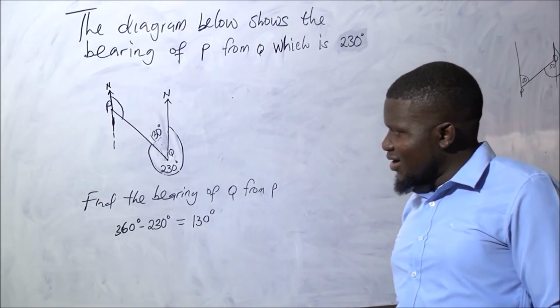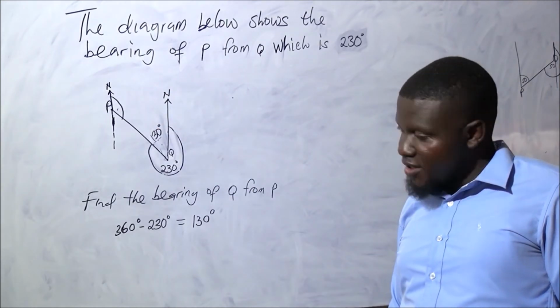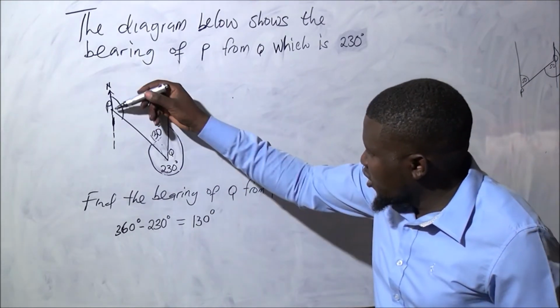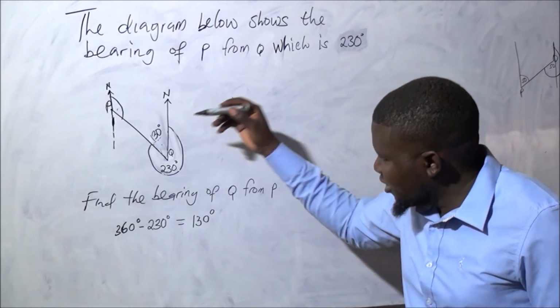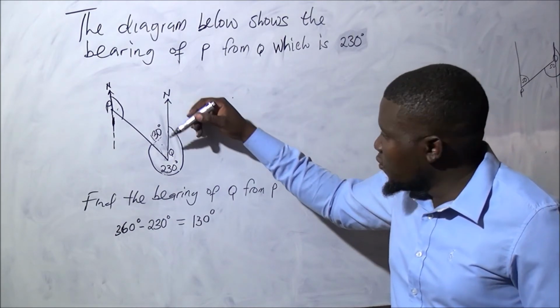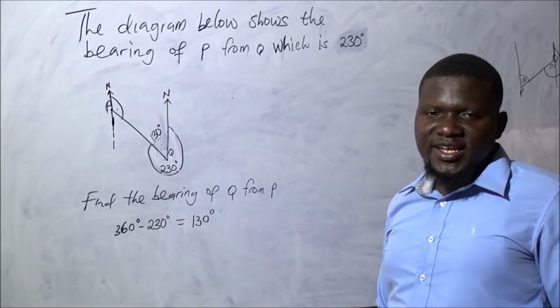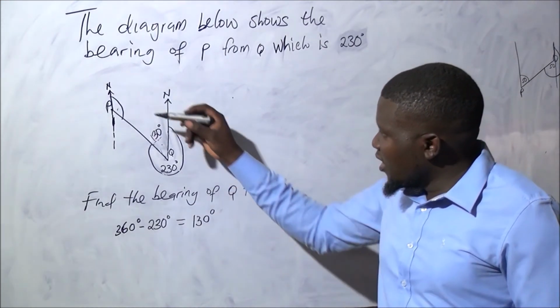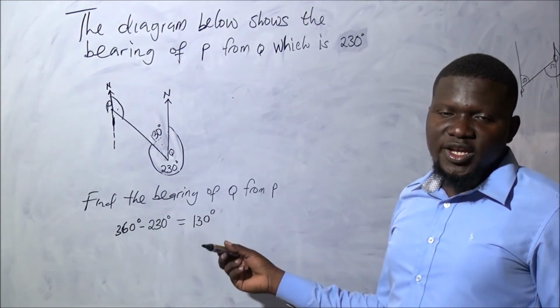Now, we've not found the answer. The answer we want to find is at this point here. So now that this PQ here is a straight line, let us not forget that. Having found 130 degrees, it's actually going to be an added advantage for us to calculate this angle at this point, because QP is a straight line. For us to find the angle at this point here, the sum of these two angles equals 180 degrees.